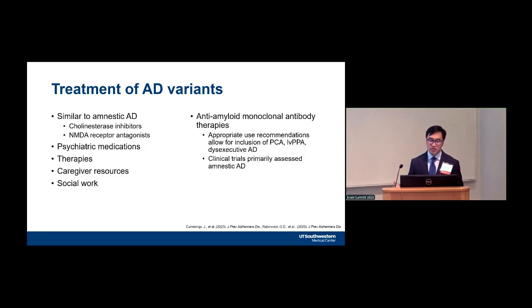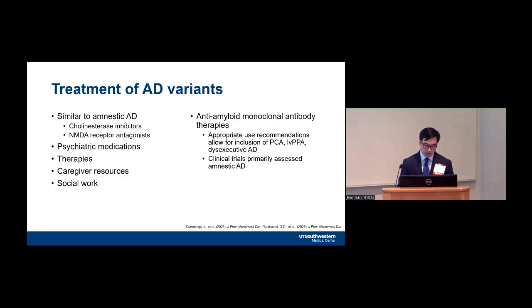Now, I bet one big question is, what about these newer anti-amyloid therapies that are available and approved for patients that have Alzheimer's disease and a mild cognitive impairment or mild dementia stage? There are two published appropriate use recommendations that I use and refer to quite often. And they would say that these variants of Alzheimer's disease can be included for being treated with these monoclonal antibodies.